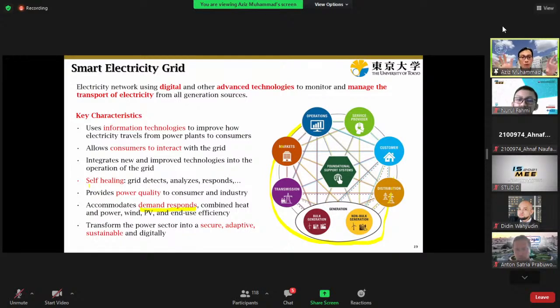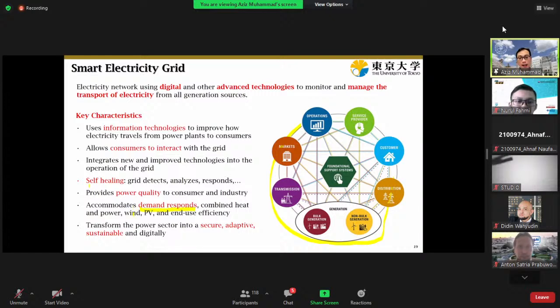So how can we facilitate these dynamic changes between the supply side and the demand side? The first thing is behavior change. And the second is how we can buffer or absorb these fluctuations. That's also very important.